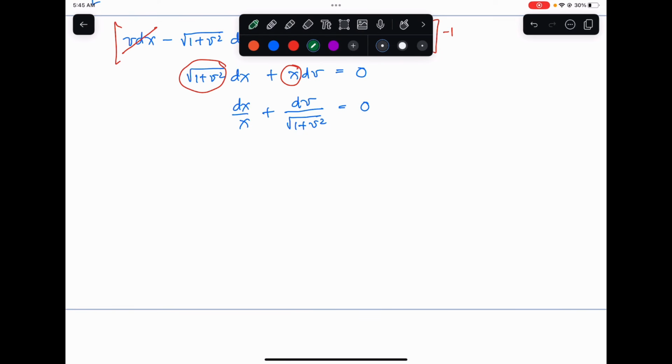For dv over the square root of 1 plus v squared, 1 plus v squared suggests tangent, so we let v equal tangent theta.